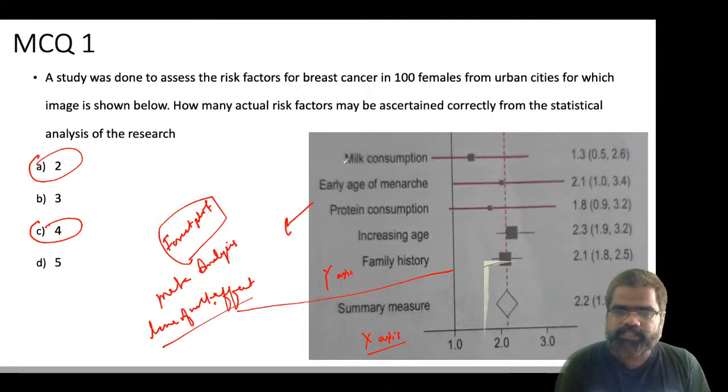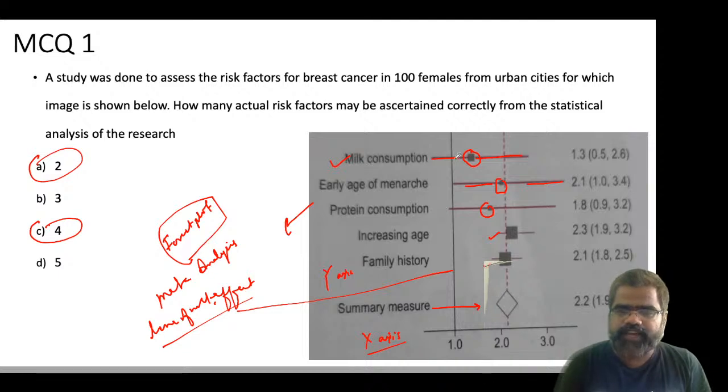Now if you see, for milk consumption you have a square here and lines here, right? For menarche also you have a square and a line. And for protein consumption, increasing age and family history also. And you have a diamond shaped structure, which is basically the summary measure, right?